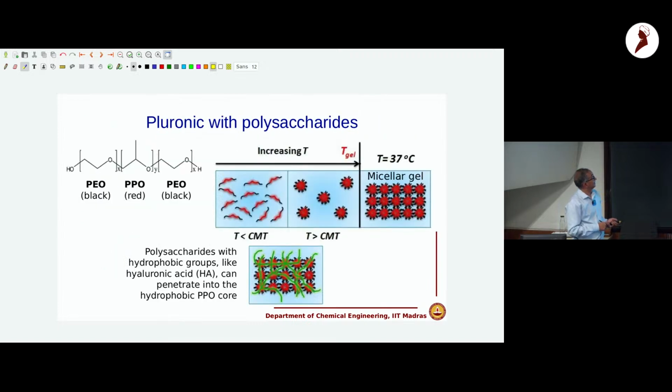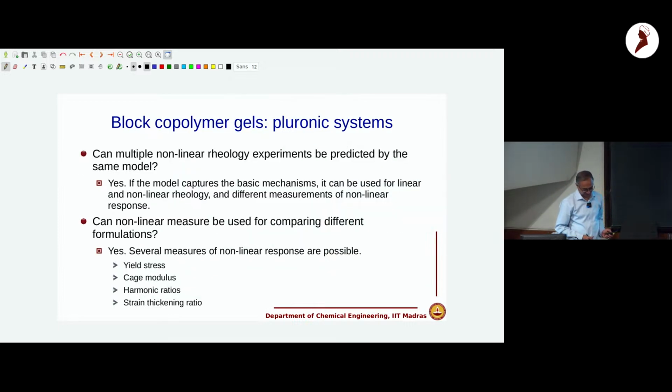And this was the system related to the pluronic system, where we were looking at not just the micellar gel itself, but also the presence of a polysaccharide, which is hyaluronic acid. So we have micelles of the pluronic, and in addition we have polymer chains, and it's the combination of these two, in terms of their small amplitude and large amplitude oscillatory shear response, that we looked at.